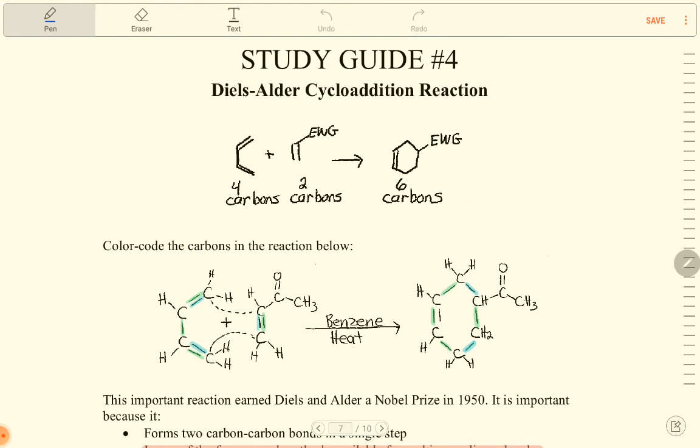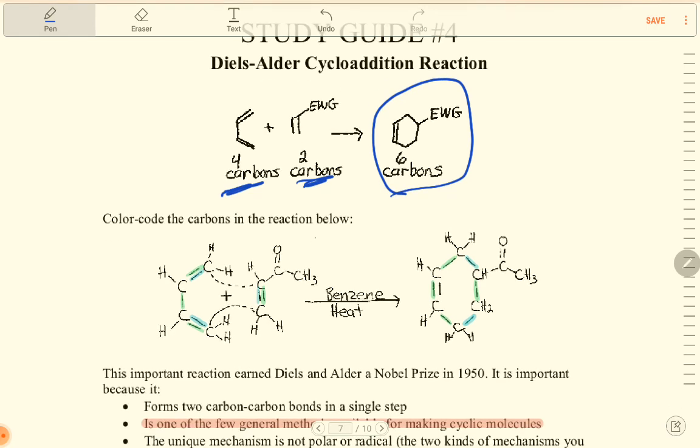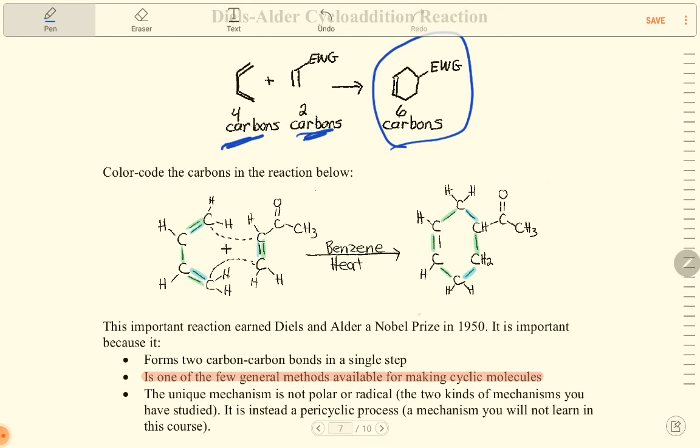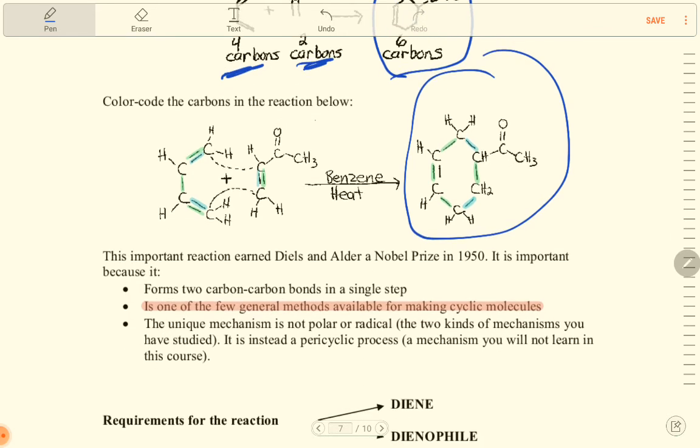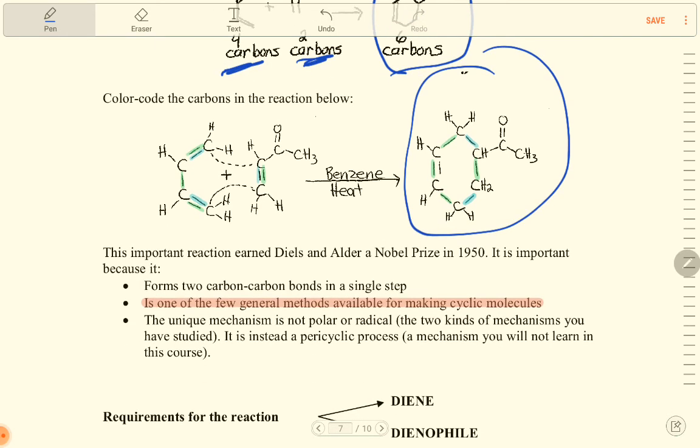Now remember, a 4 carbon diene and a dienophile with an electron withdrawing group form a 6 carbon ring. So color code the diene and dienophile, and when they react they form the cyclic product. In 1950, this important reaction earned Diels and Alder a Nobel Prize.